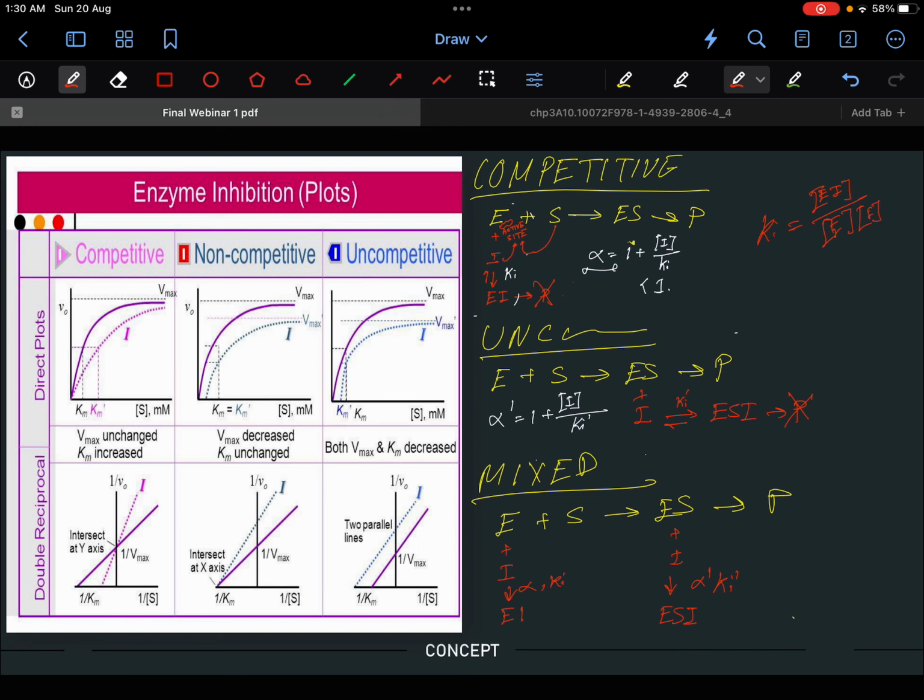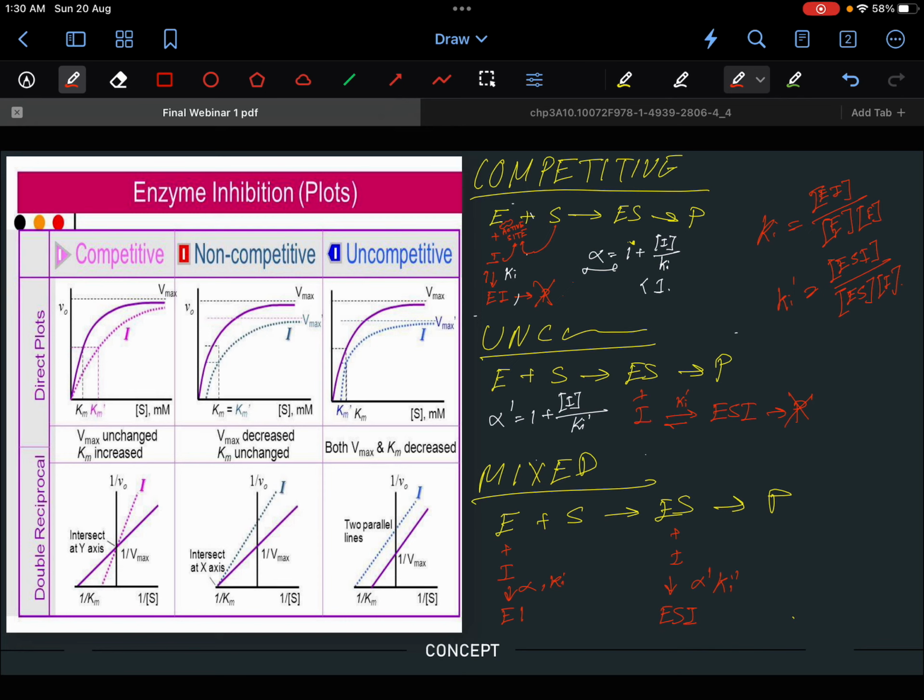And Ki dash is equal to concentration of the product, that is enzyme substrate inhibitor complex, divided by ES and the concentration of inhibitor. Okay, this is the EI Ki.